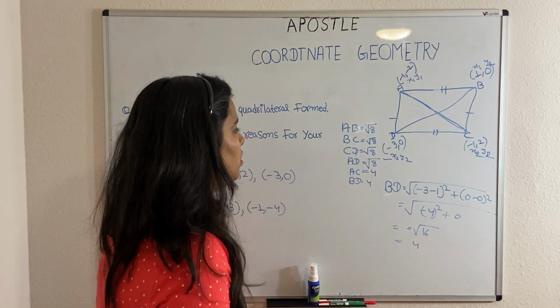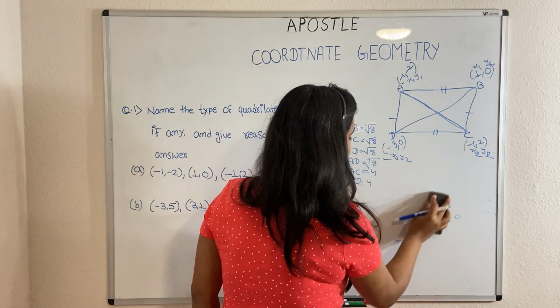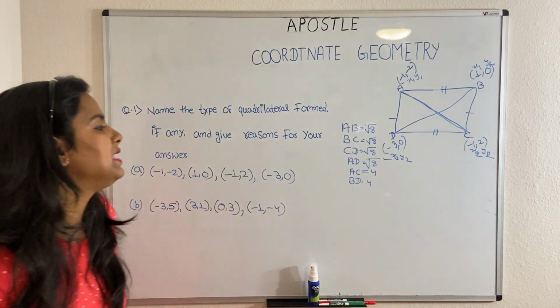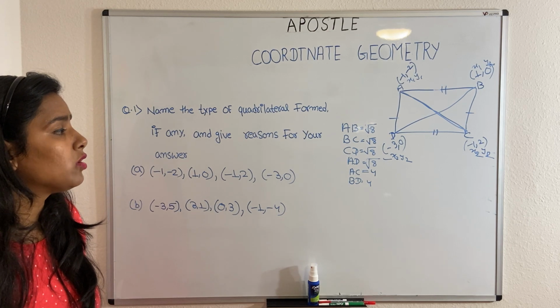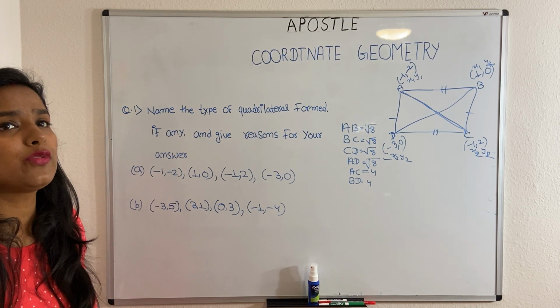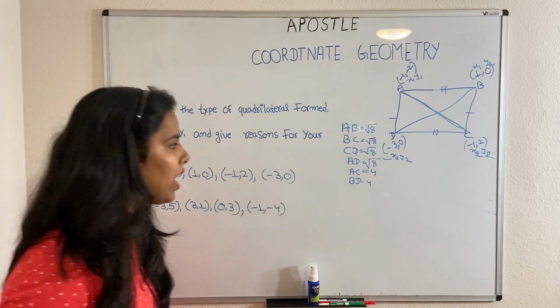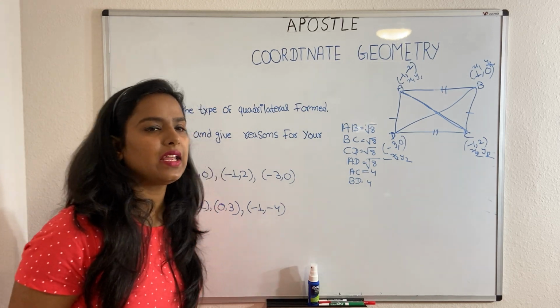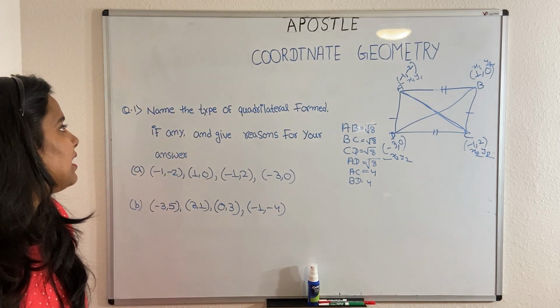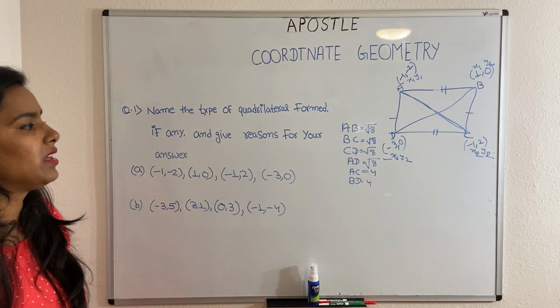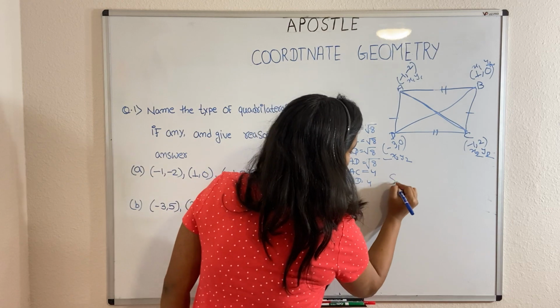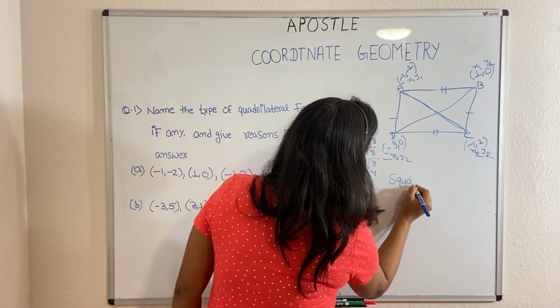So now we have the values of all the sides, AB, BC, CD, AD, and AC and BD: root 8, root 8, root 8, root 8, and 4, 4. So what is this? This is the property of a square. In the case of a square, all four sides are equal and also the diagonals are equal. So name the type of quadrilateral formed. What can you say? This is a square.